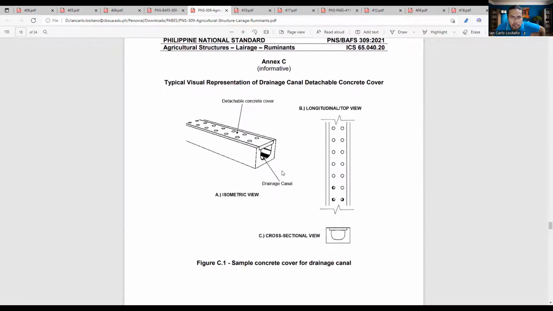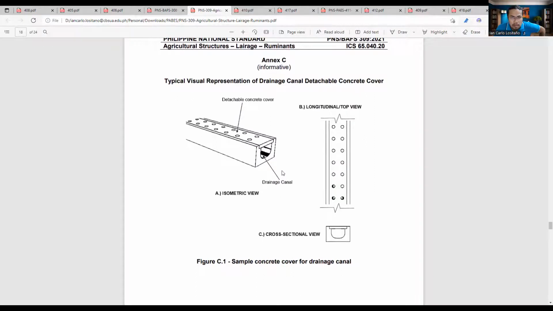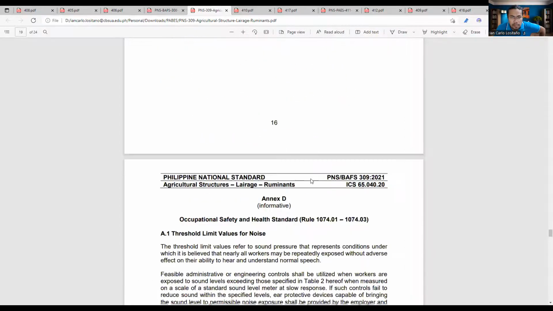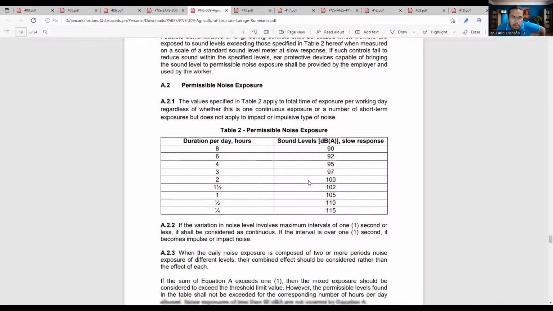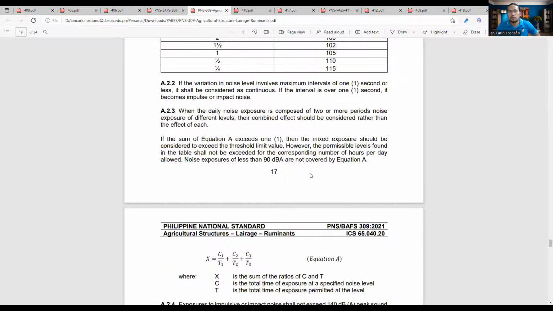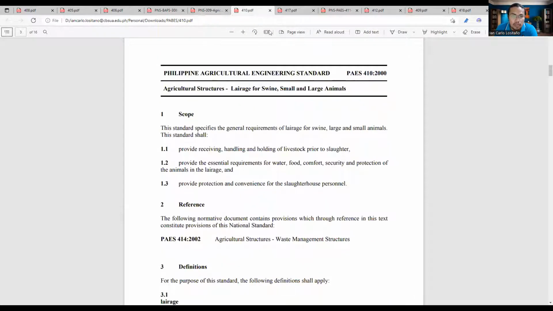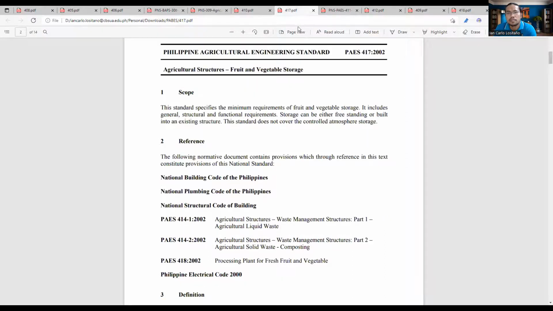For the drainage, and then the continuation of the drainage, you have a detachable concrete cover for the drain, and the noise, which is also important. This is similar to the contents of the previous standard for the swine drainage. Again, this is a combined standard for swine, small and large ruminants.